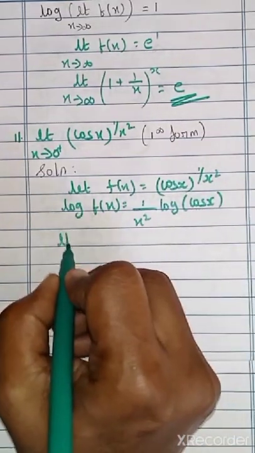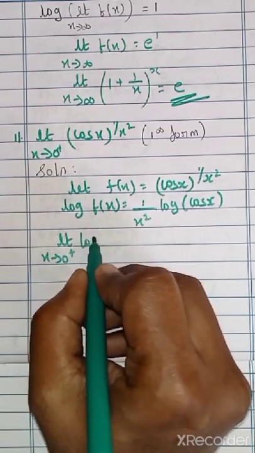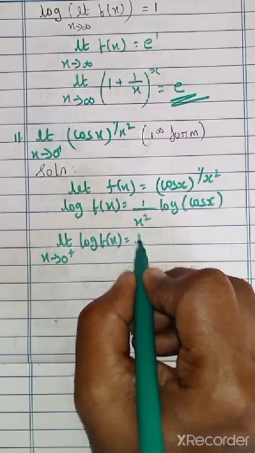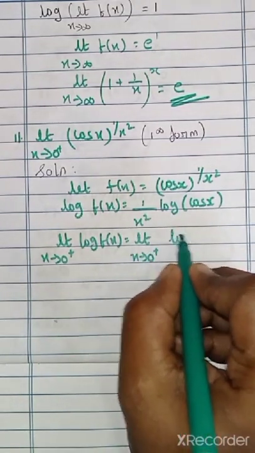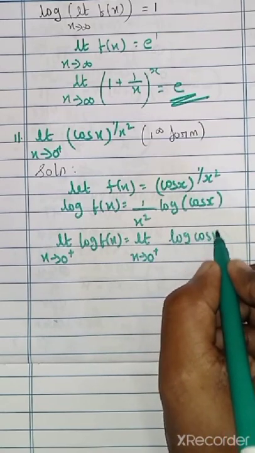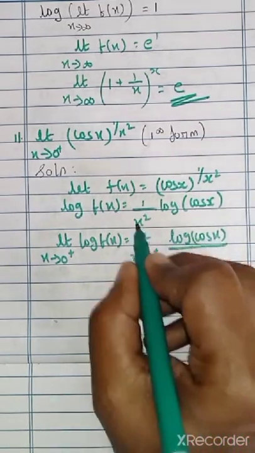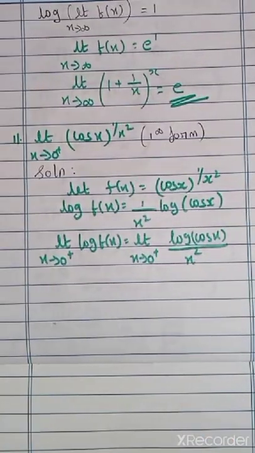Taking limit on both sides, limit x tends to 0 plus log f of x equal to limit x tends to 0 plus log cos x, and since x square is in the denominator we can take it as it is, by x square.